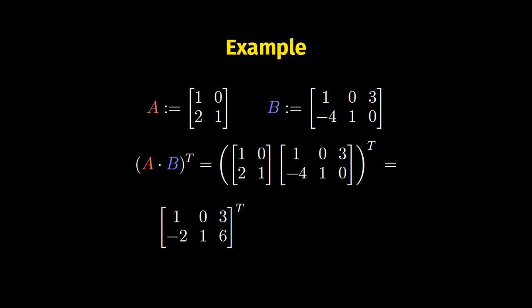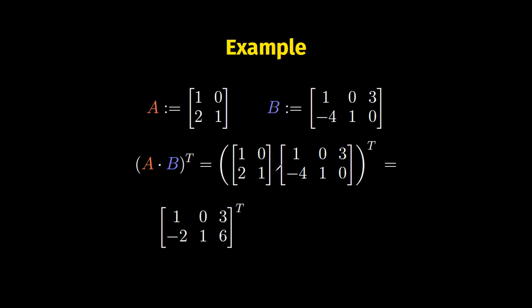Let's just check a couple of entries together. For example, we can consider the first row of A and the first column of B. Then we compute 1 times 1 plus 0 times minus 4, and we obtain 1, which is the one here.